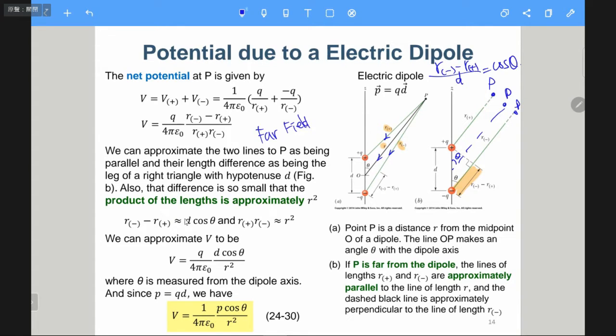Of course, it is only approximately equal. For R plus times R minus, we can directly assume it to be R squared.